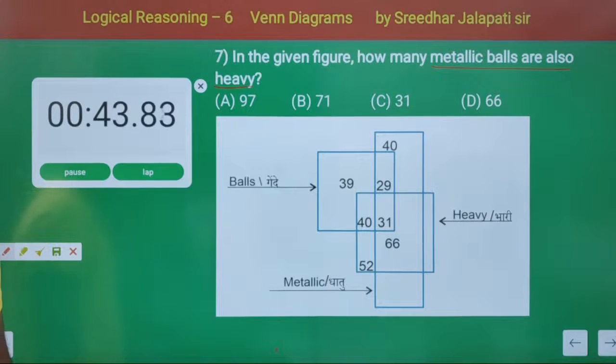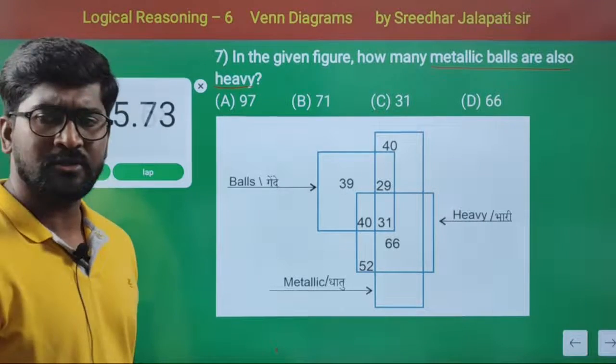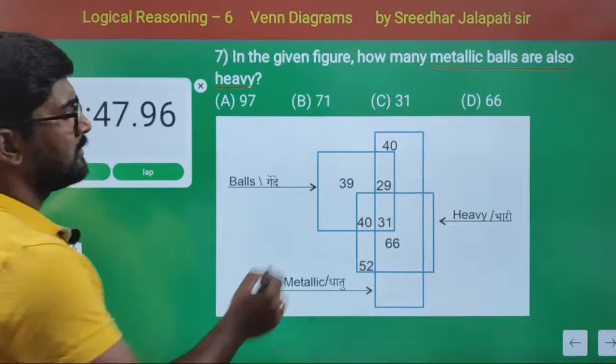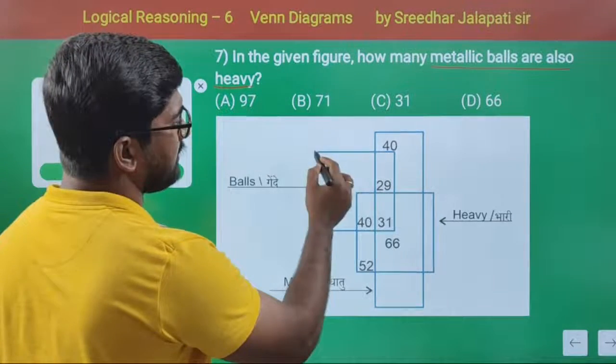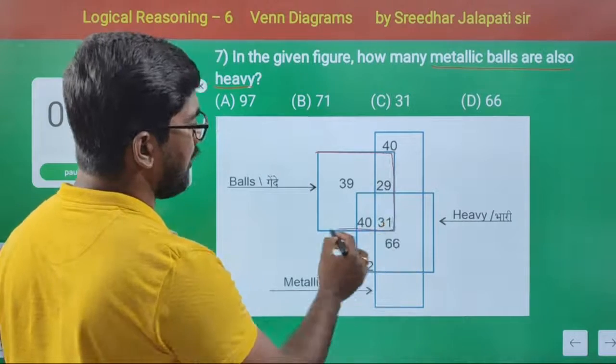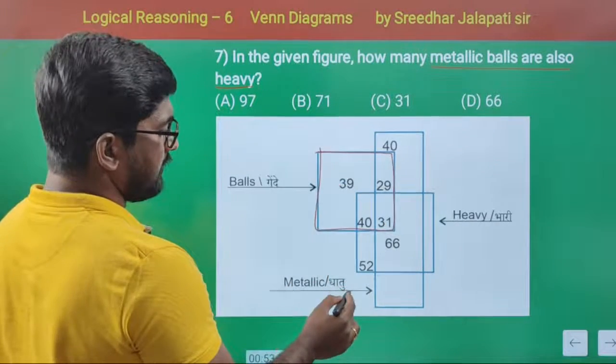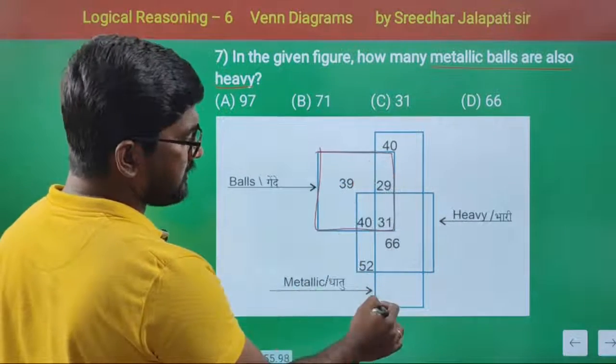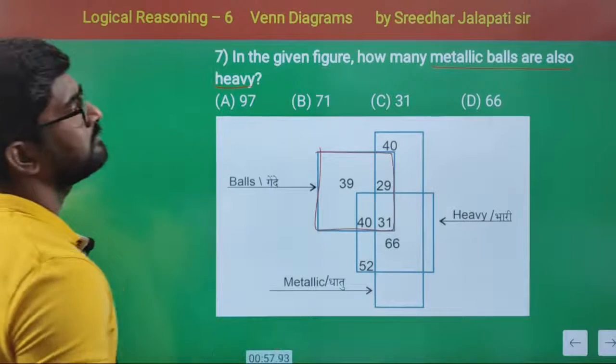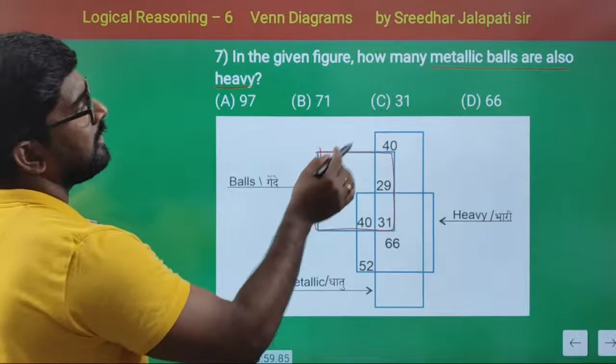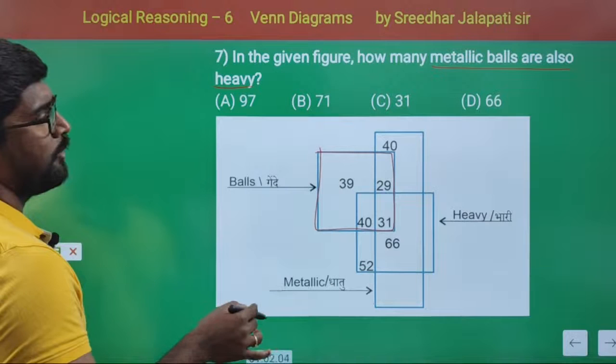How many metallic balls are also heavy? So this represents metallic, these are balls, and this represents heavy. So we want how many are all three? How many are all three?